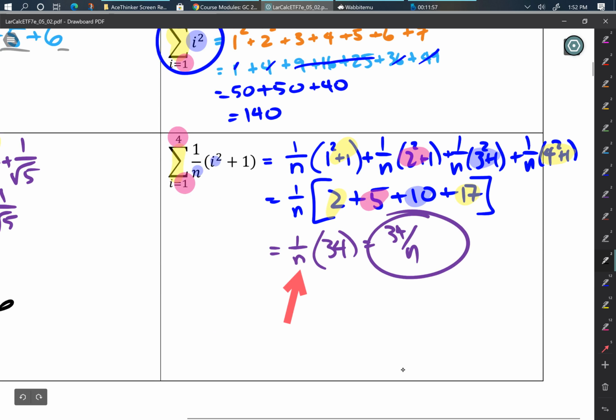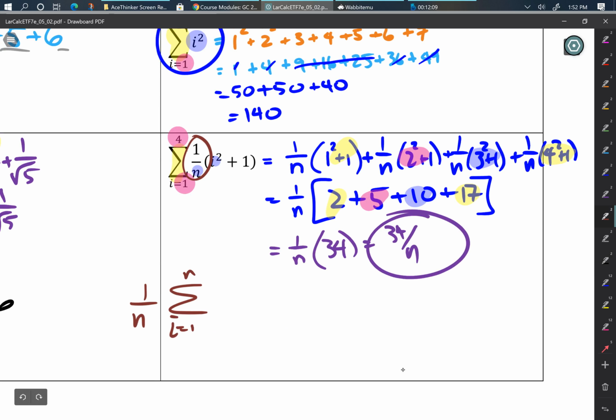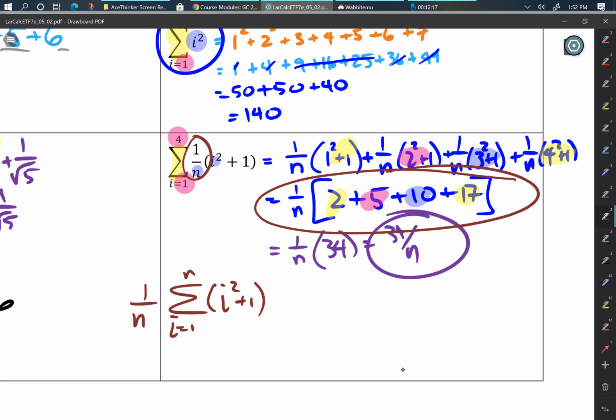We could have looked at this 1 over n and said, that's a constant that's going to be in every term. So I could have rewritten this as 1 over n times the summation as i goes from 1 to n of i squared plus 1. And it's essentially what we did right here on this step where we factored out that 1 over n from every term.